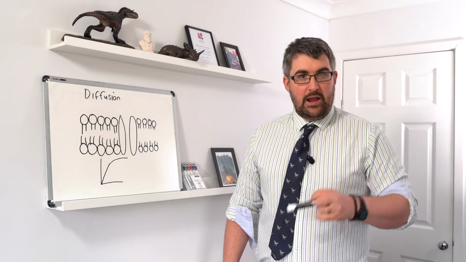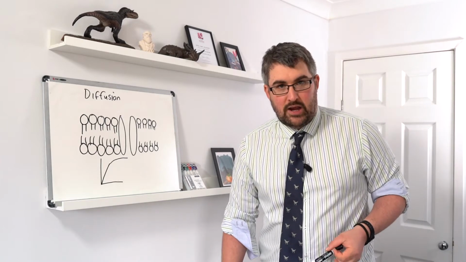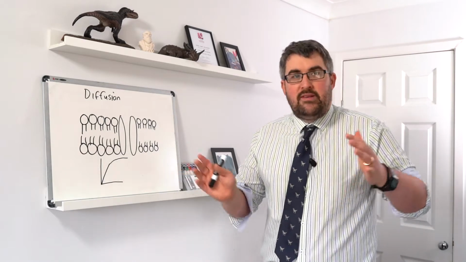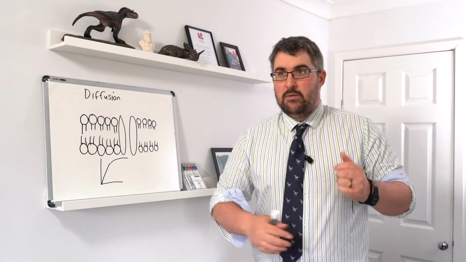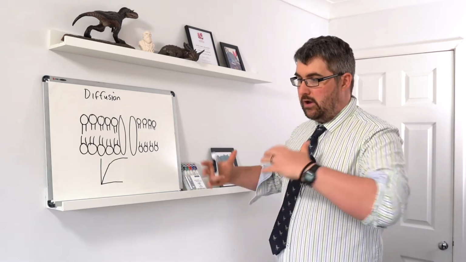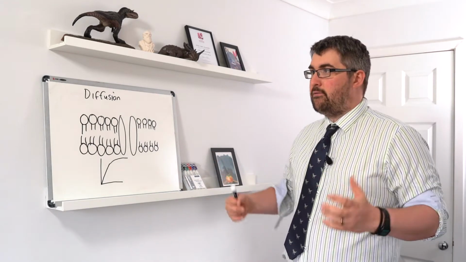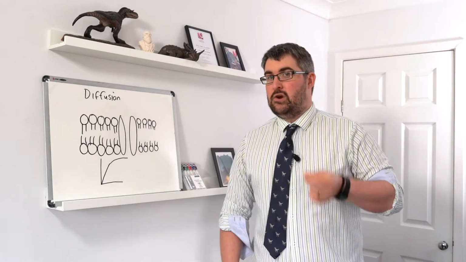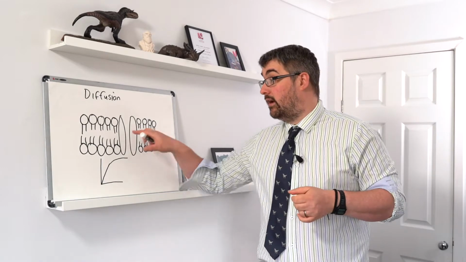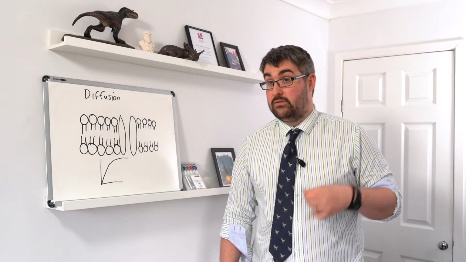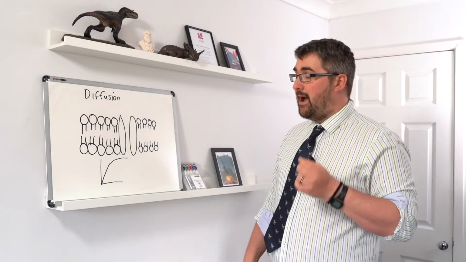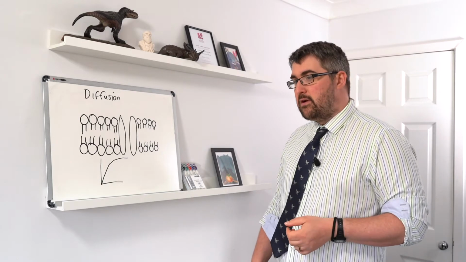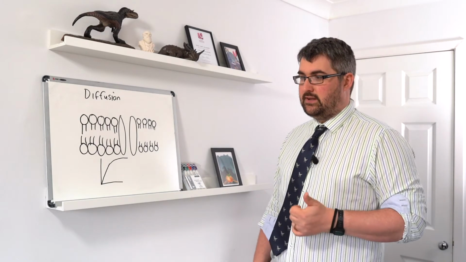It's a bit like a supermarket checkout: you might have lots and lots of customers trying to get through, but you're always going to be limited by the number of checkouts. In this case, facilitated diffusion is limited by the number of carrier proteins or channel proteins there. So bear that one in mind. That's a nice little overview of simple diffusion and facilitated diffusion.